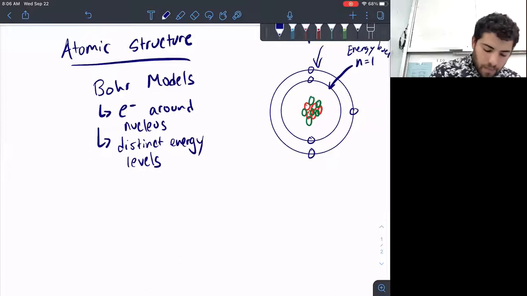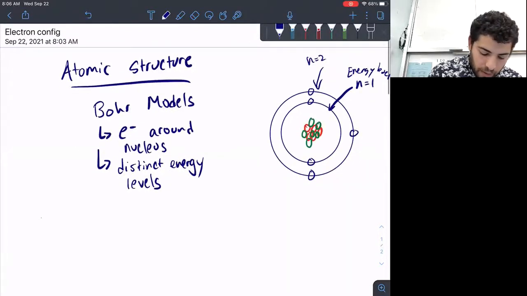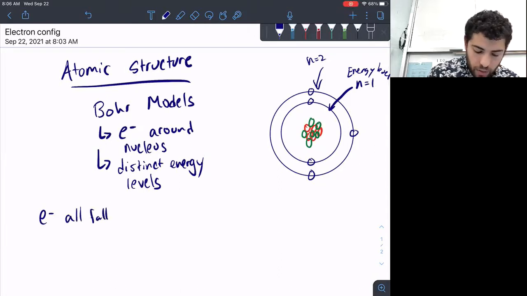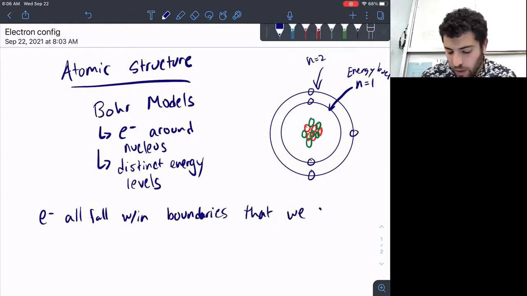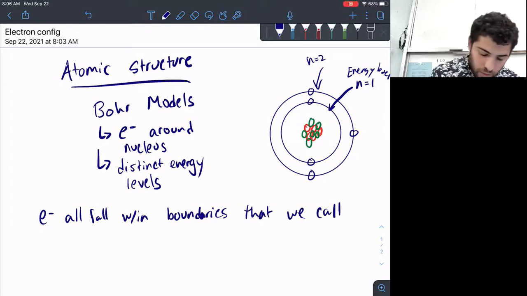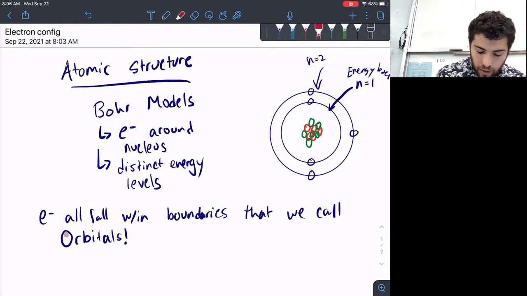So a big part of this is that the electrons all fall within boundaries that we call orbitals. That's kind of the key word here, orbitals.